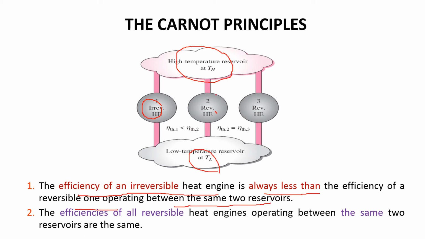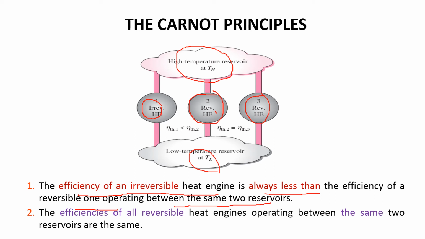So if this is a reversible heat engine, and there will be an irreversible heat engine also, the efficiency for the reversible one is usually higher than the irreversible heat engine.